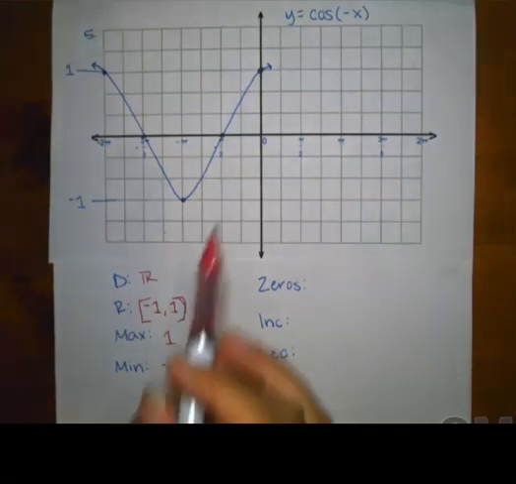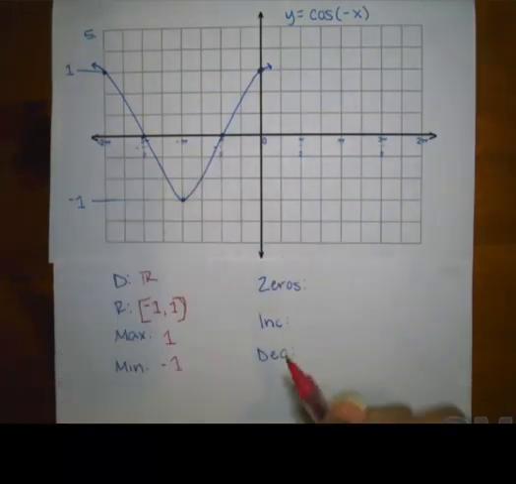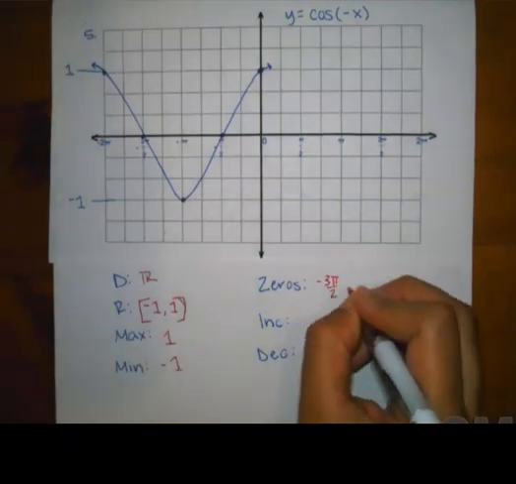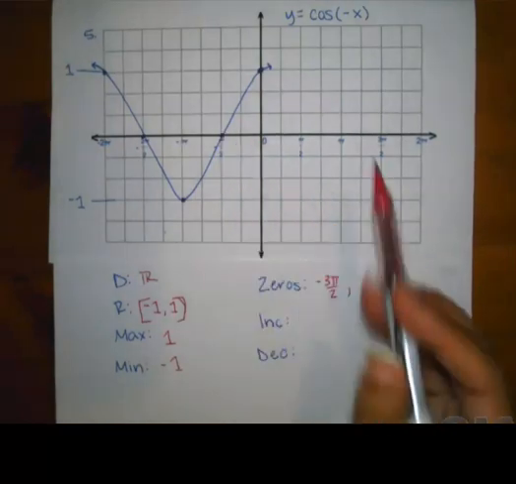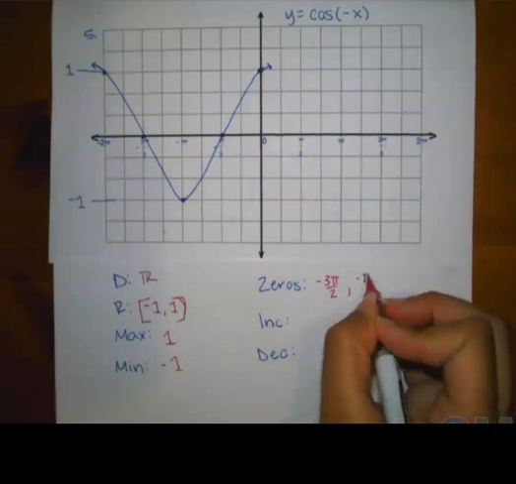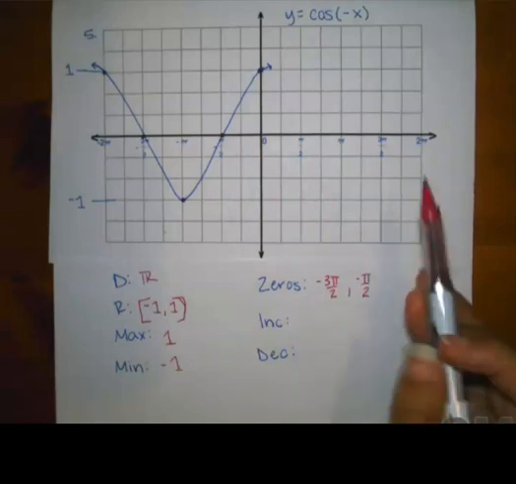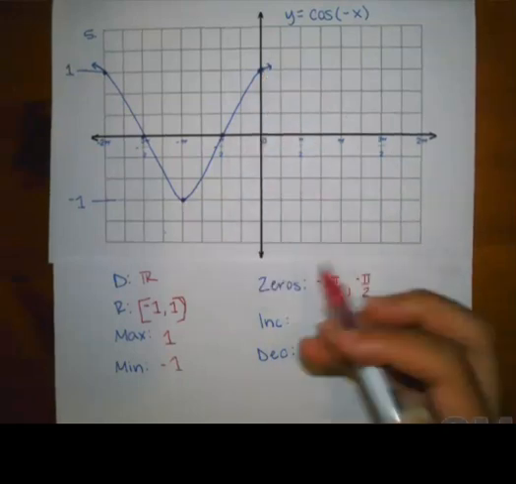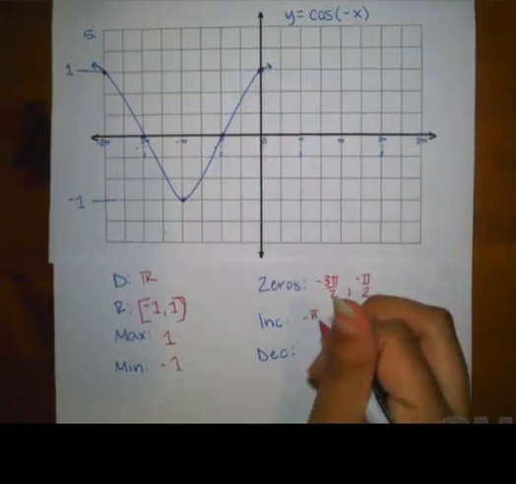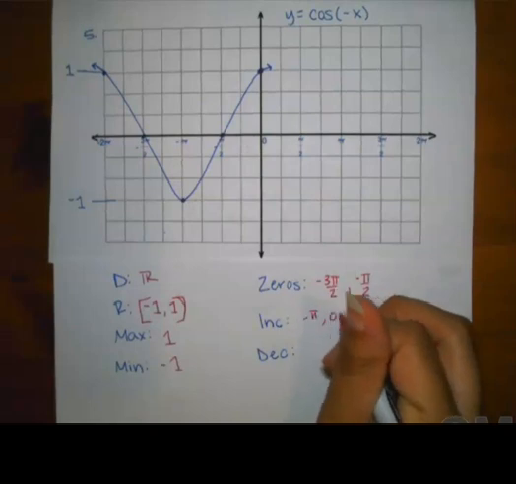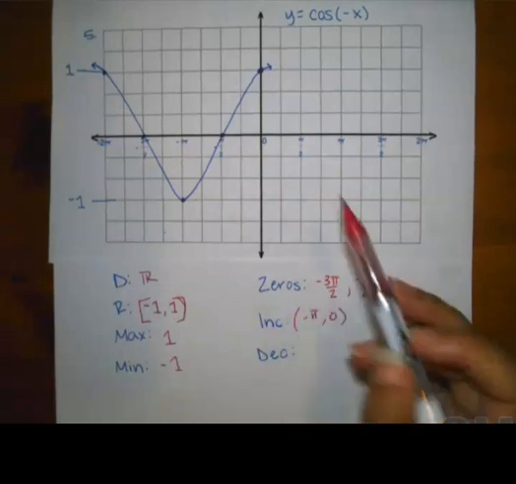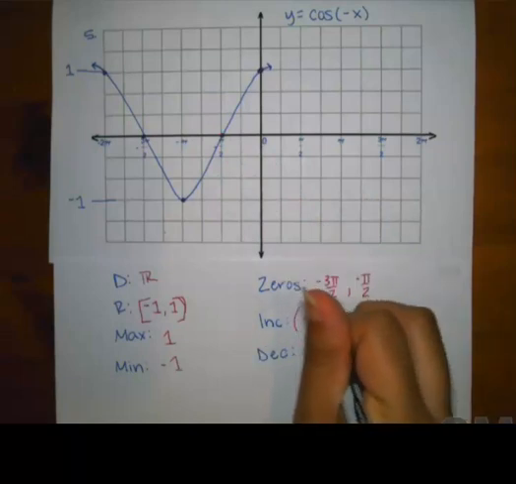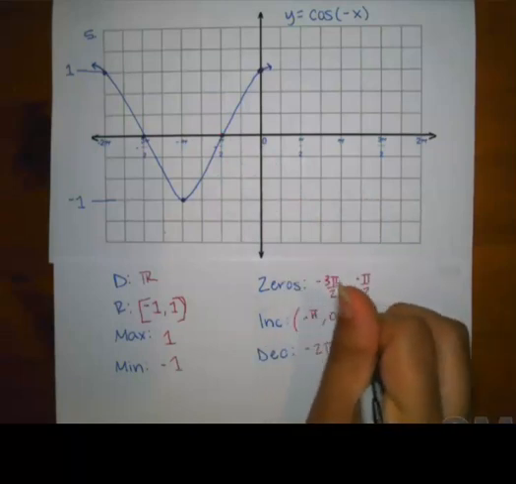Our zeros on the negative side of the x-axis are -3 pi over 2 and -pi over 2. We are increasing from -pi to 0. And we're decreasing from -2 pi to -pi.